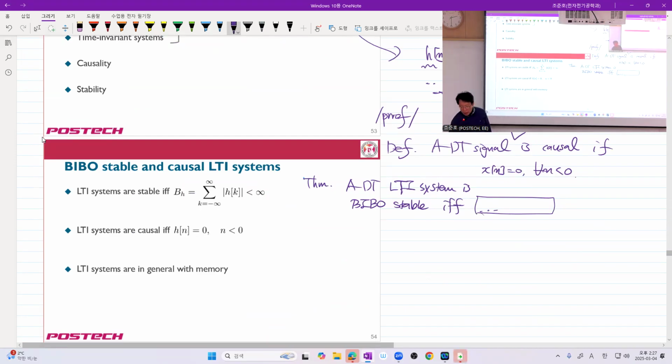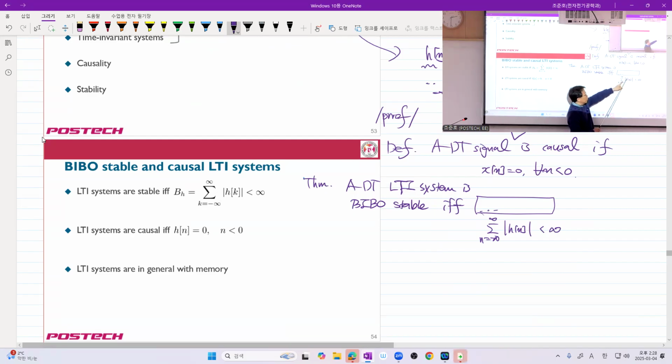And amazingly, this part is very simple. The impulse response, whose absolute value is taken and summed over the entire time interval, is bounded. Okay? By the way, we assume h[n] is real valued or complex valued. So when you take this absolute value, it becomes always non-negative.